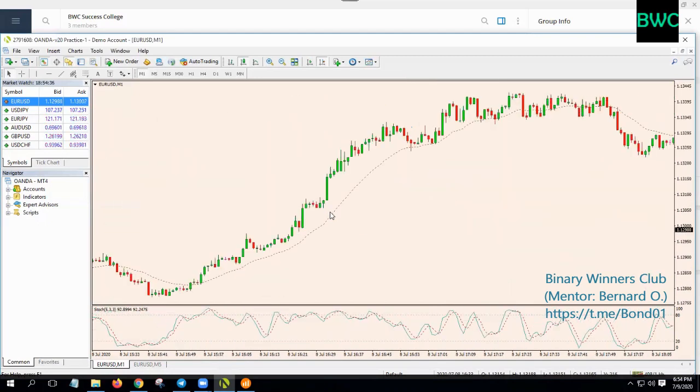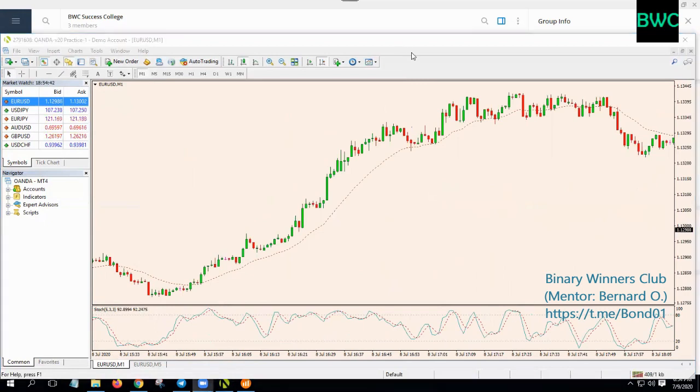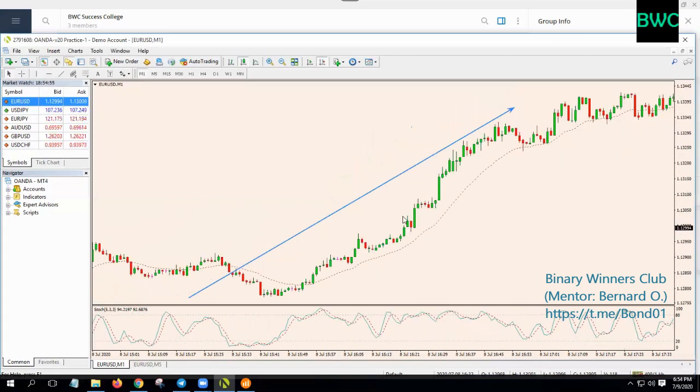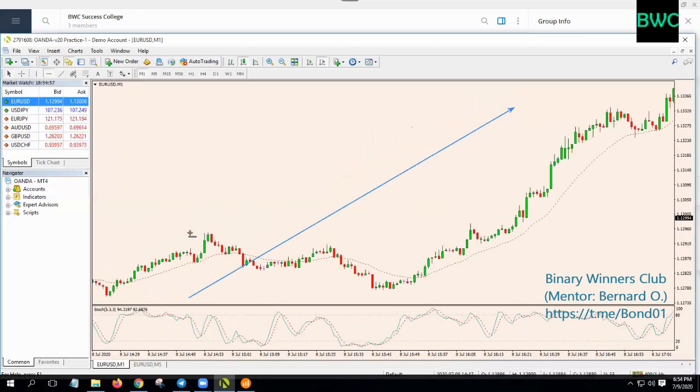Okay? Blame the market. Now look at a market like this and tell me that you want to do a reversal on this market. Unless you are sick. A market like this, you are trying to reverse it. How? You are trying to reverse this market because you saw a resistance here.